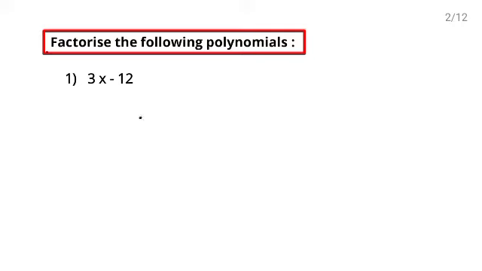Question number 1 is 3x minus 12, right? Now the variable is not common in both the terms, but if you see this numerical term and this numerical term, both are divisible by 3. So 3 can be common here because 12 can also be written as 3 4s are 12, right?